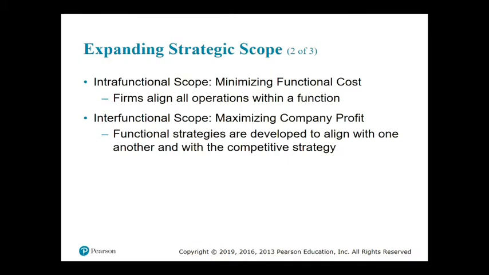So in order to reconcile this conflict, we can increase the scope of strategic fit and go to interfunctional scope. So in interfunctional scope strategic fit, all the functions will work together to develop strategies in order to maximize the company's profit.